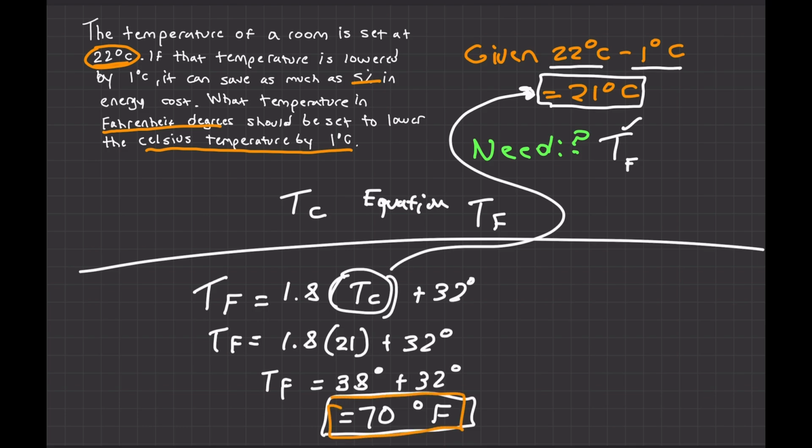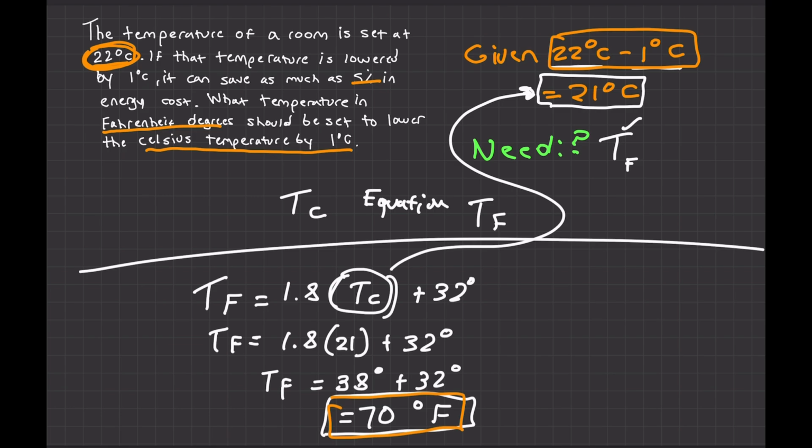Okay, so again, what did we do here? We read the problem. We're looking at what's given. What's given to us was the 22 degrees Celsius. We want to lower it by 1 degree Celsius. So we did 22 minus 1, and then we got 21 degrees Celsius. The question asks, what temperature in Fahrenheit degrees should be set to lower the Celsius temperature by 1 degree Celsius?